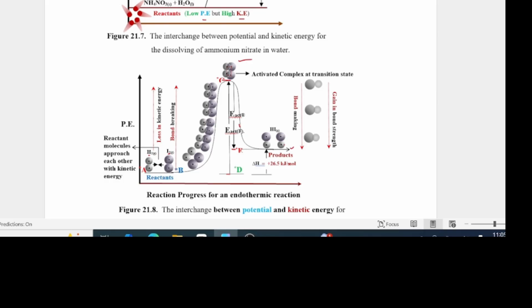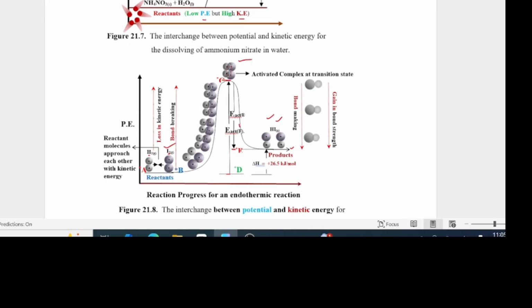So some of the potential energy is still locked up in these molecules here. So two things we can say. One, we can say that the product molecules will have more potential energy than the reactant molecules. As a result of that, the molecules will be at a lower temperature.